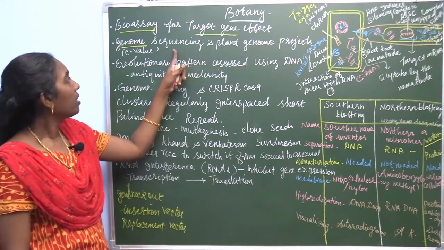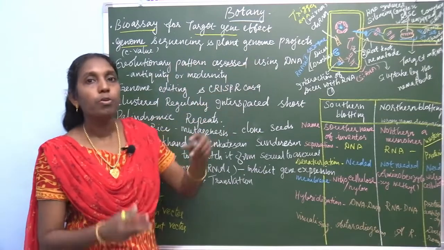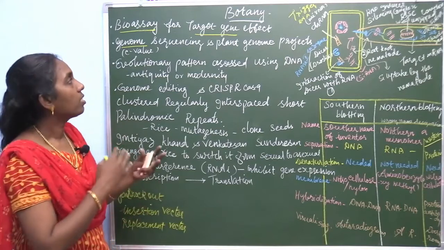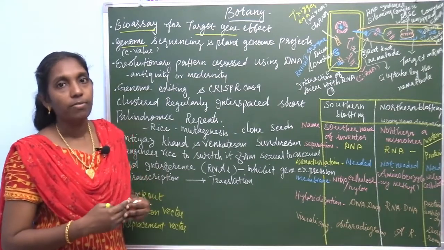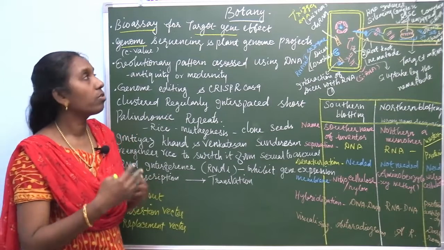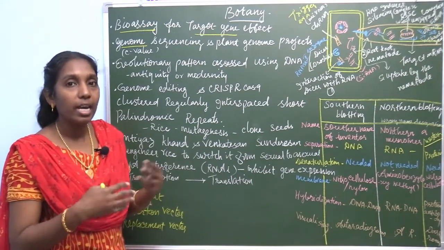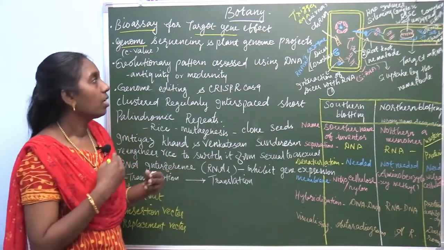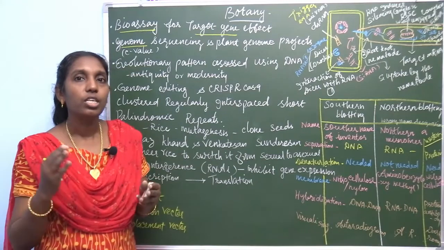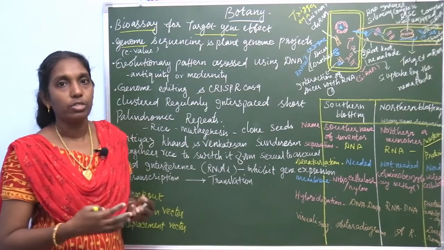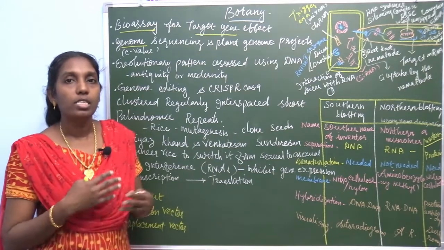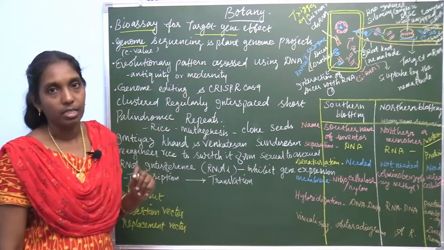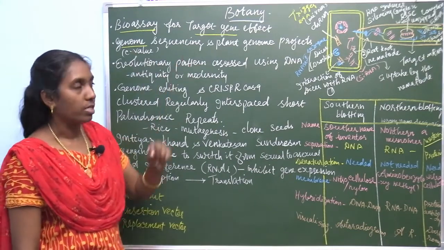So here, the plant genome projects use this analytical method of sequencing. Sequencing analyzes each and every part of the organism: evolutionary aspects, DNA content, all these types of characters are analyzed by the sequencing method, called genome sequencing.